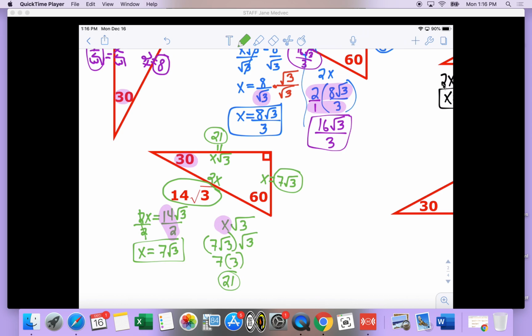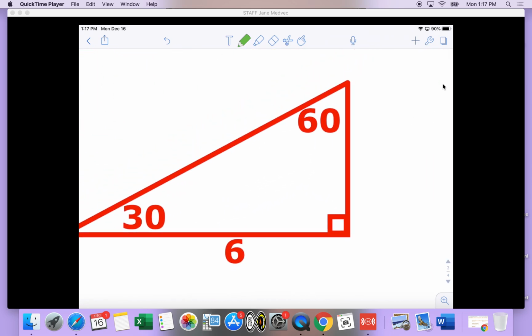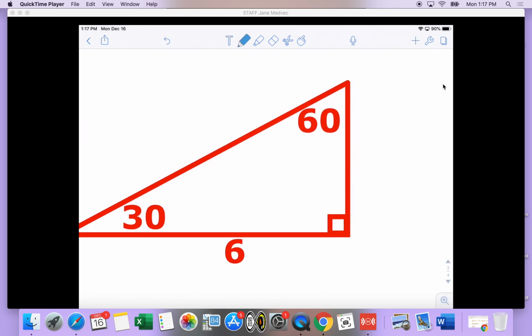Questions on this? Okay, let's go to the last one. Right? Find what angle? 30. Side opposite? X. Hypotenuse? Last side?